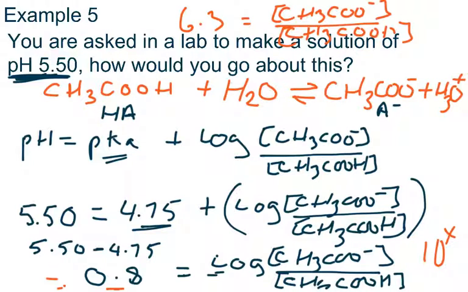Simply, if you want to make a buffer solution that's pH 5.5, you have to have this one on top be 6.3 times the concentration of the one on the bottom. So how do you do that? For the one on the bottom, for example, you have a nice number like 0.1 or 0.01, and the top concentration will be 6.3 times that amount, and you're done.